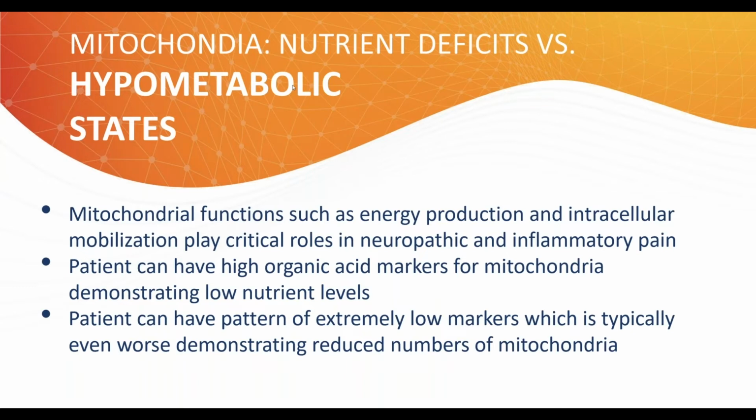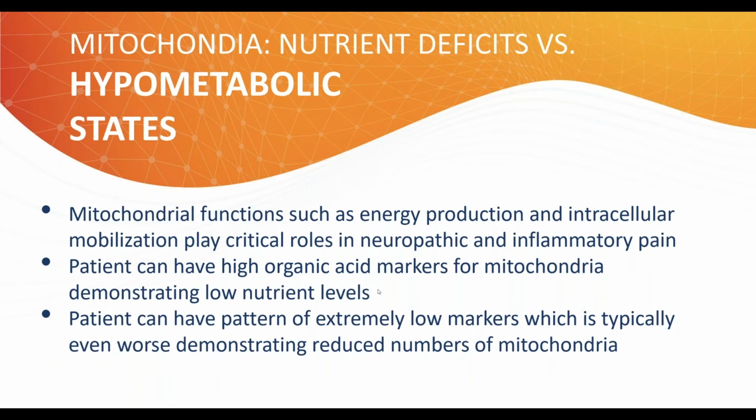In the classic way we've all been trained in functional medicine, you see these high markers on the mitochondrial marker section, and you think, okay, that's bad, so we're going to give some supplements to reverse that. Mitochondrial functions such as energy production and intracellular mobilization all play super important roles in the development of pain.